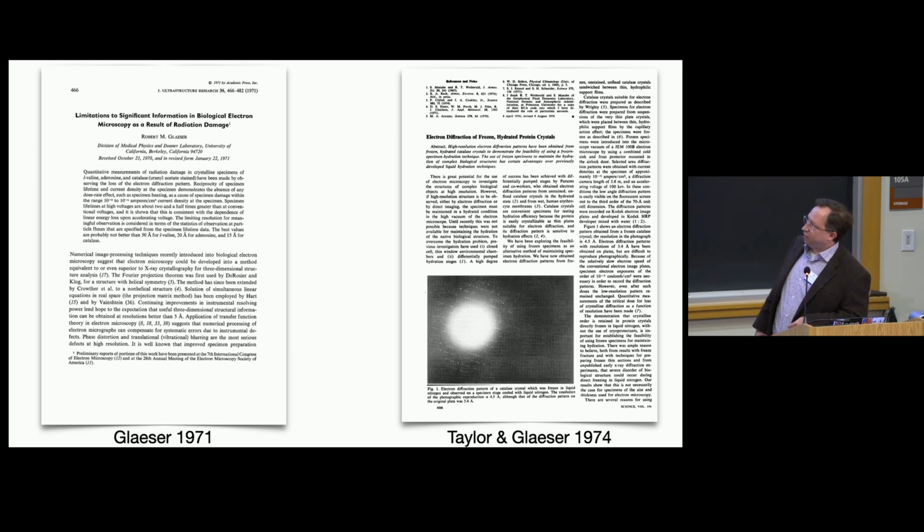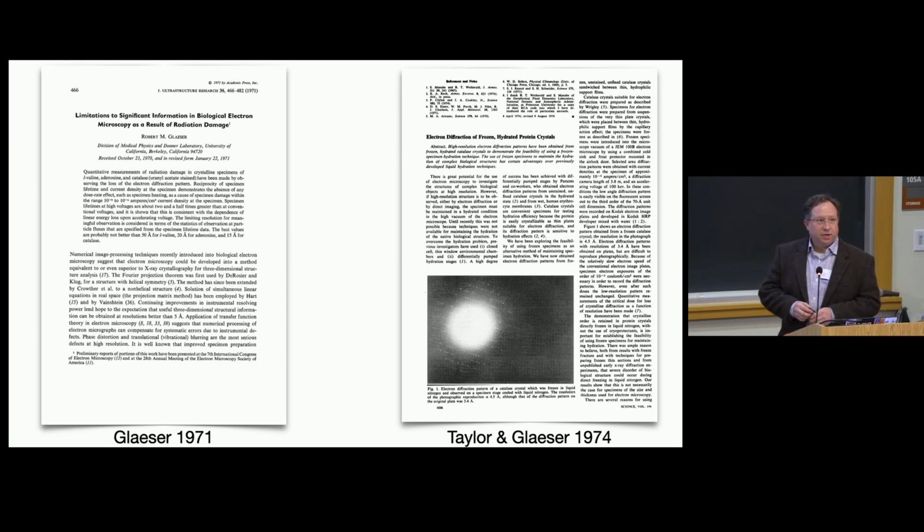And it was very early recognized that one of the things you could do, as Bob said, to turn the knob on a microscope or any other experiment to make this not so bad is to lower the temperature. And of course, this famous paper is the first demonstration of how this cryoprotective effect may be used to help us solve structures in biology. So really, this does date back to the early days of the field.